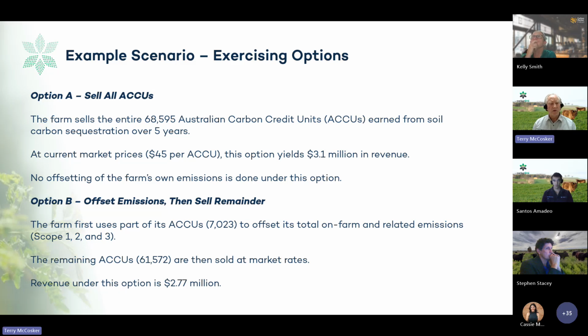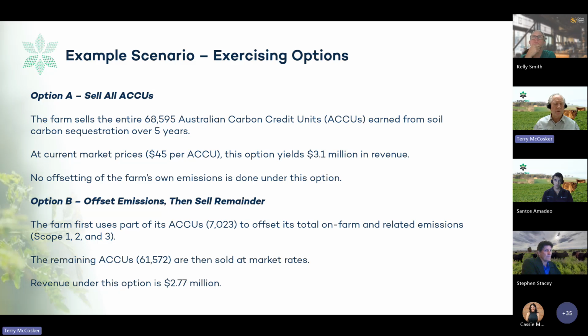Option B might be that I want to become carbon neutral. To become carbon neutral, I'd take the emissions and take them off my ACCUs, which would leave me about 61,000 ACCUs that I could then sell. So I'd be carbon neutral and still have 61,000 ACCUs to sell, which under that option would gross me 2.77 million.